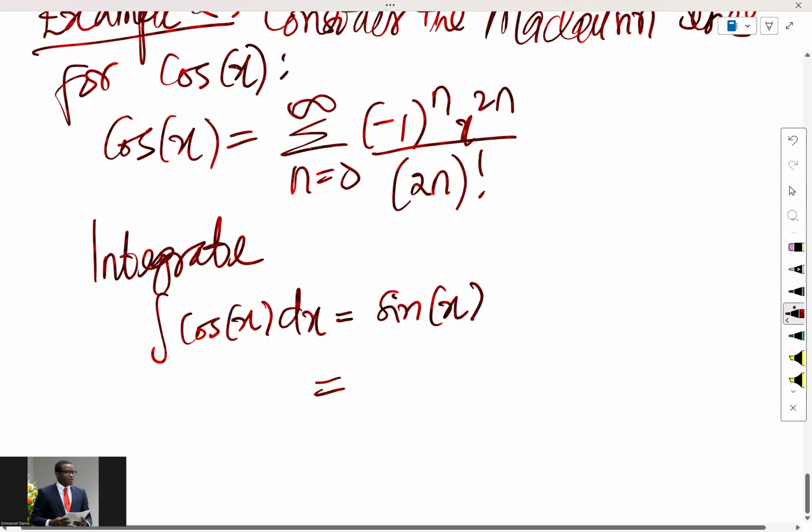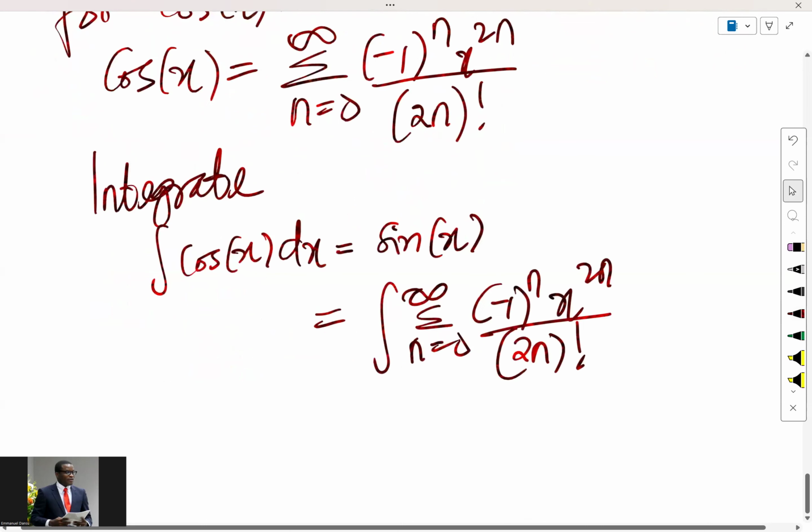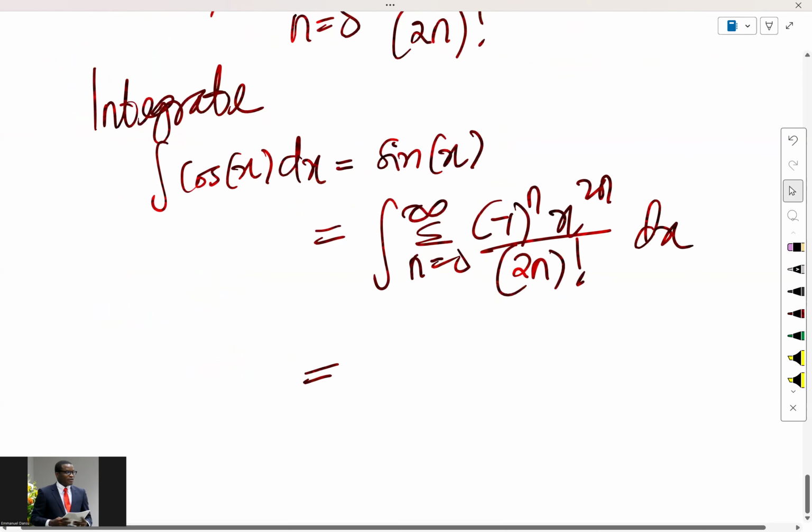That means we have the integral of the summation from n equals 0 to infinity of minus 1 raised to power n, x raised to power 2n divided by 2n factorial, dx. We haven't done anything, this is just us writing it out. Now to integrate, the focus is on the power of x.